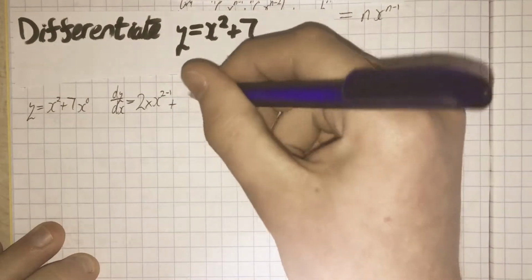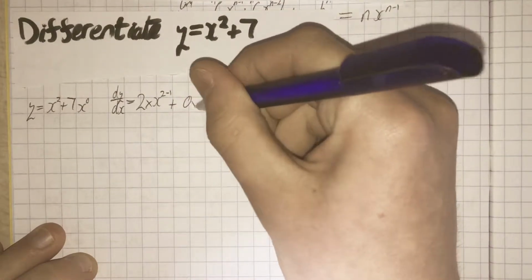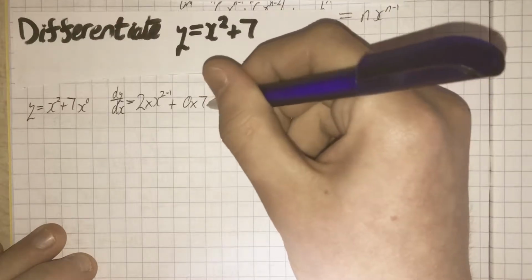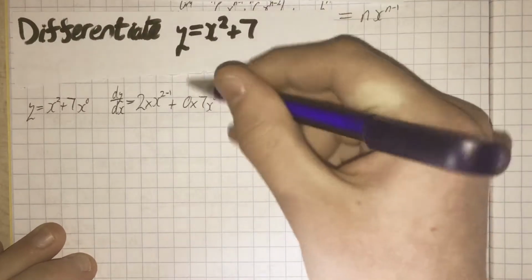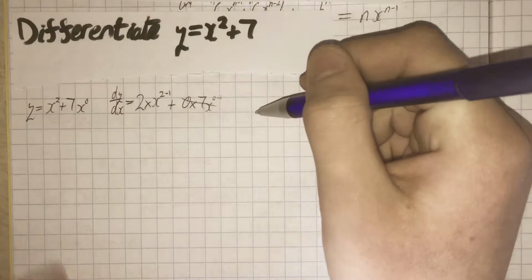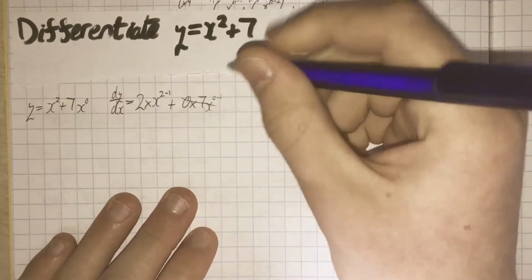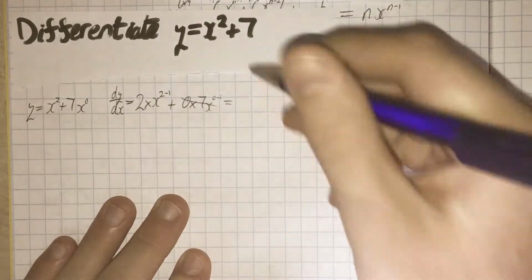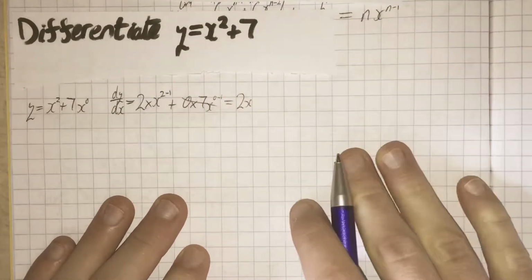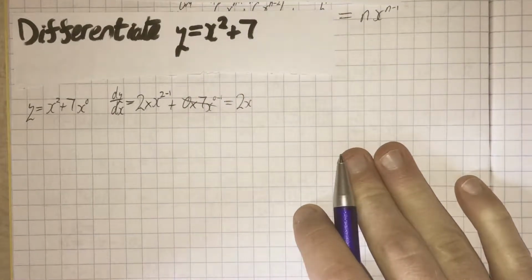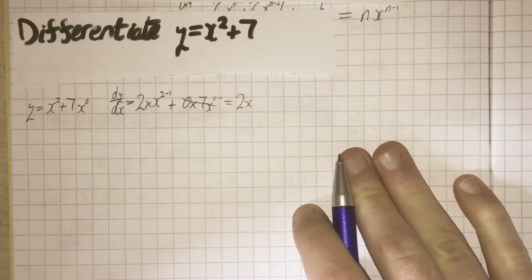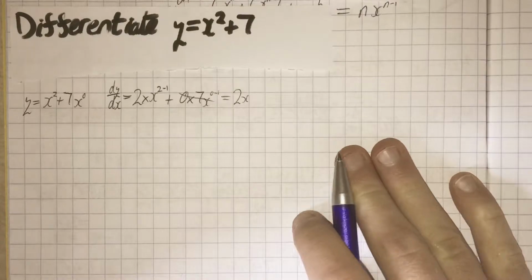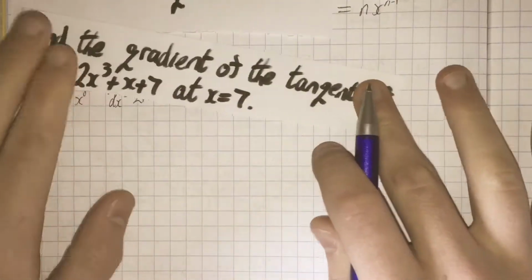So that means we're going to times by 0, and, well, that's just 0, so that needn't be considered. And this, of course, will just equal 2 times x to the power of 1, 2x. See, very, very not complicated. So let's try a slightly more advanced example, shall we?